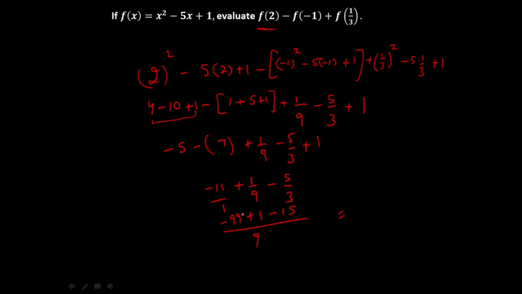First solve these two values. So what I'll be getting here, minus 99 minus 15, so I will be getting 114, I guess. Then negative 113 divided by 9. The answer.